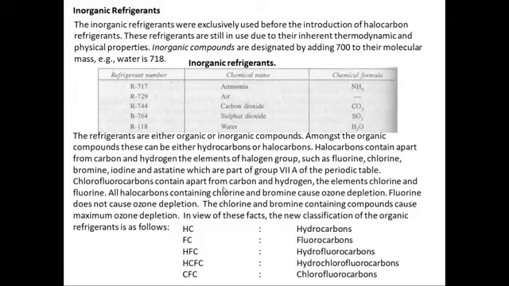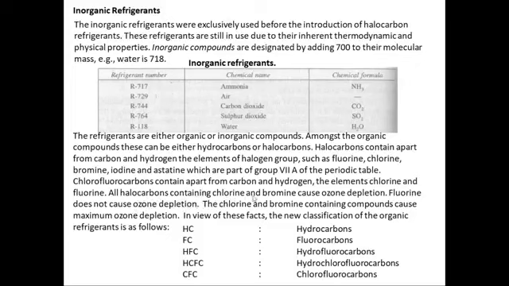But these halocarbons are dangerous to the environment in two ways: they can deplete your ozone layer in the upper atmosphere, or they can act as greenhouse gases and raise the temperature of the Earth's surface. So there are two ways that they affect your environment, and we need to mitigate those effects.